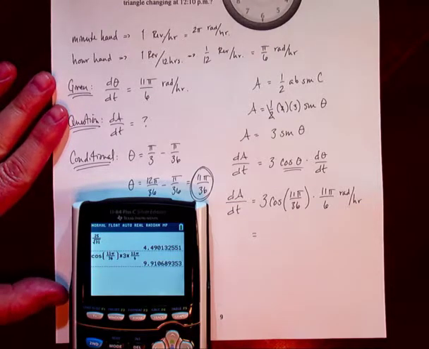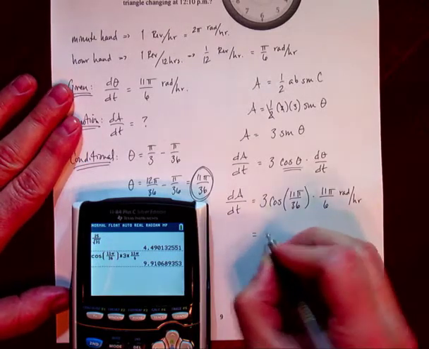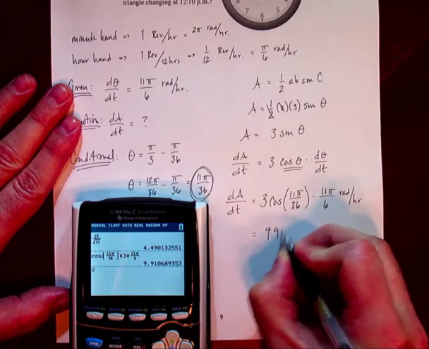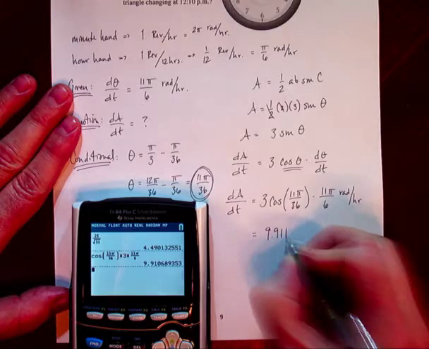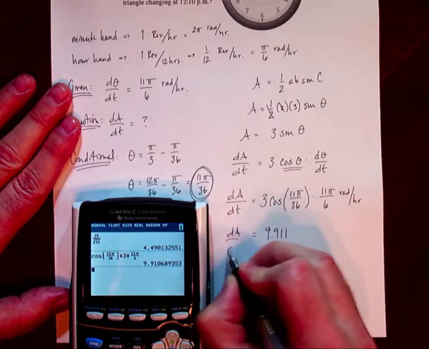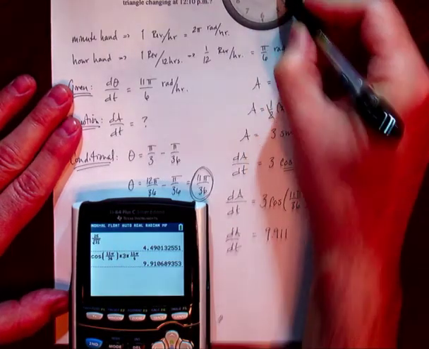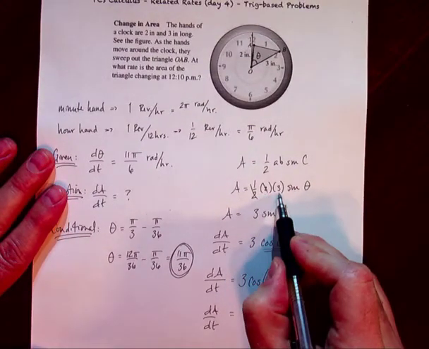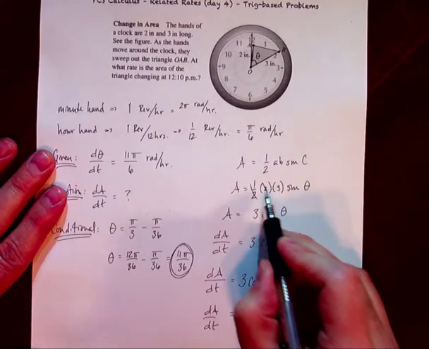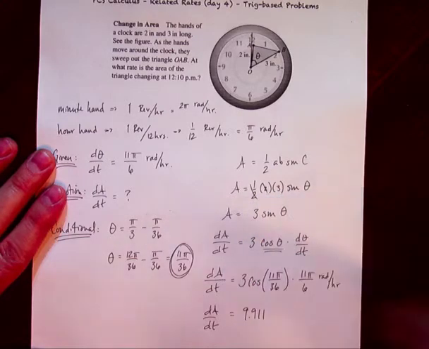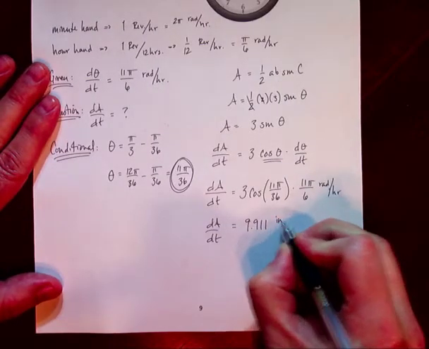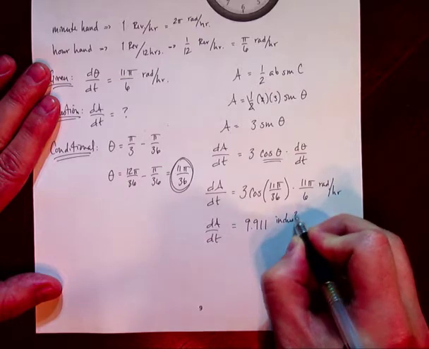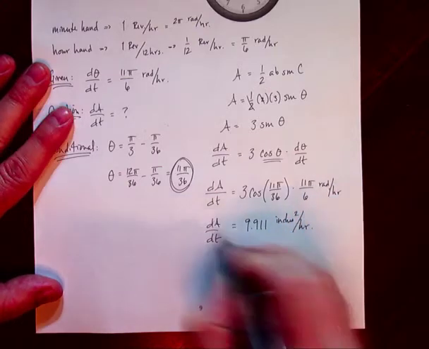Okay, that means that the area is changing. Now remember, these are inches up here, and those inches were included right here. I just didn't write them down, right? When you put the 2 and the 3 in here, you got inches squared. So it's inches squared per hour.